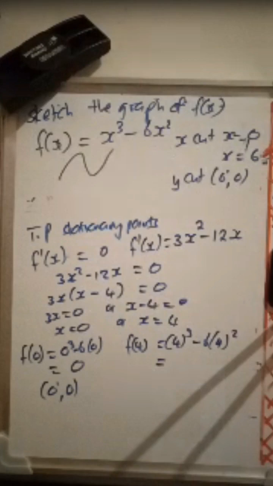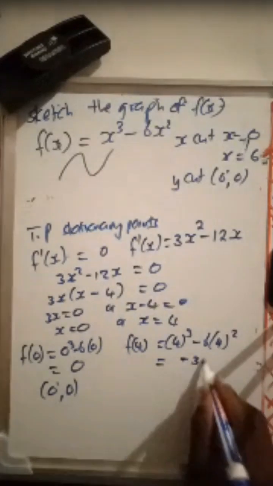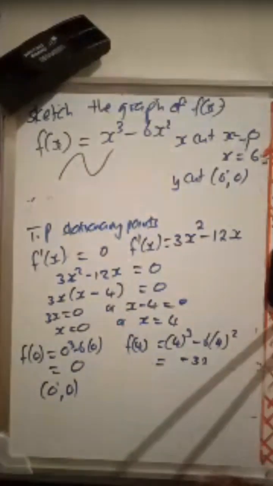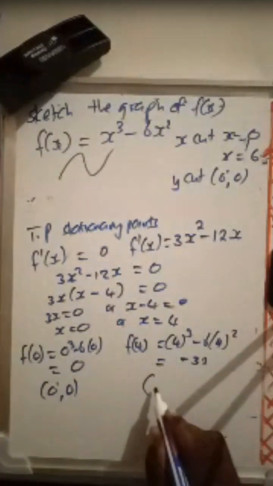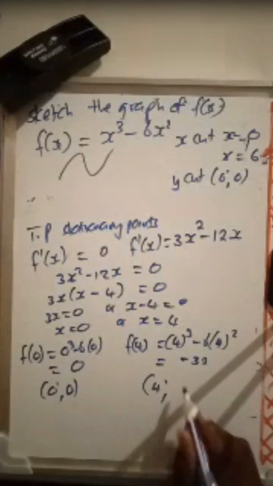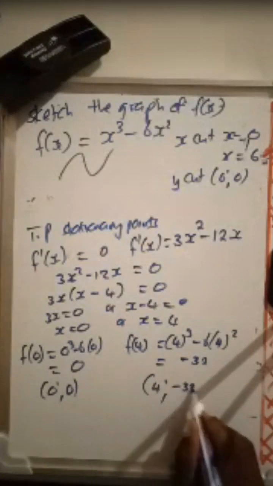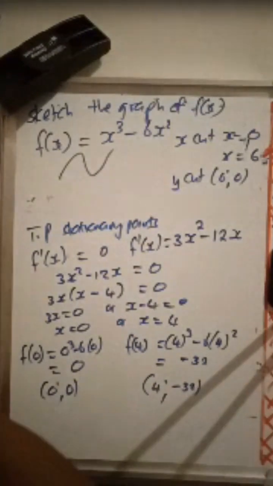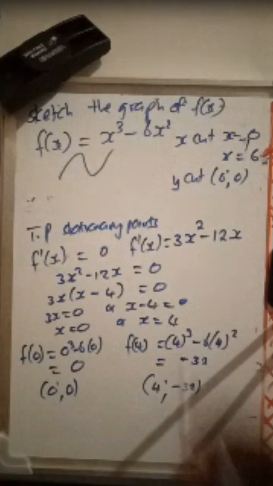We get negative 32. Right. So what does it mean? It means our two turning points are 0, 0, and 4, negative 32.